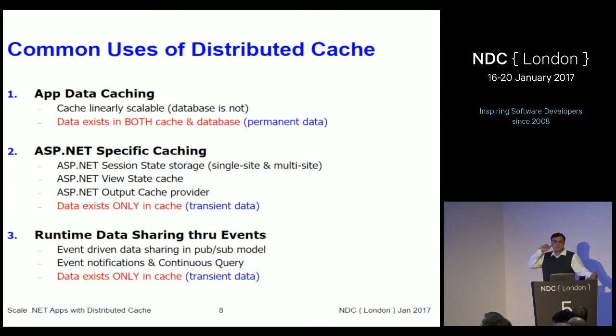So again, keep this in mind, and we'll come back to this, that when you're using a cache as the master store, you don't want to remove data unless that data's life is over. So you don't want to just remove data because cache is full. You want to do capacity planning appropriately.